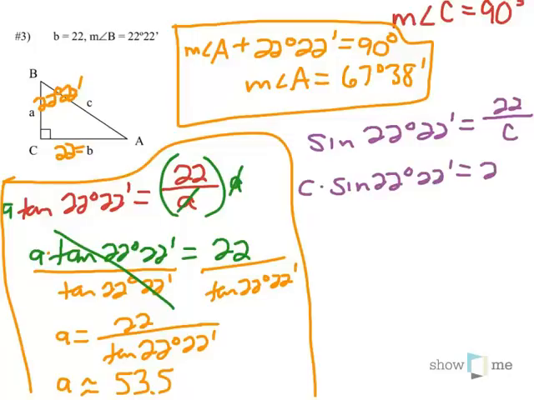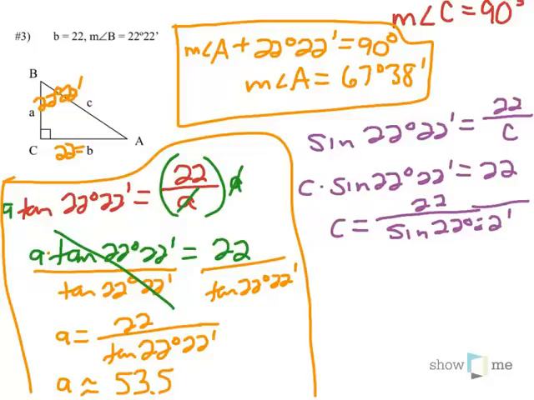You get C is 22 divided by sine of 22 degrees 22 minutes. Using a calculator, that comes out to be approximately 57.8 to the nearest tenth.